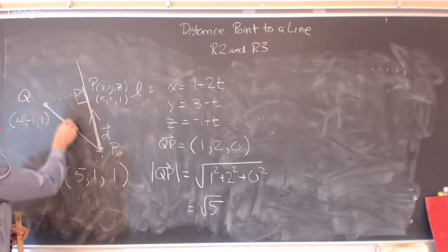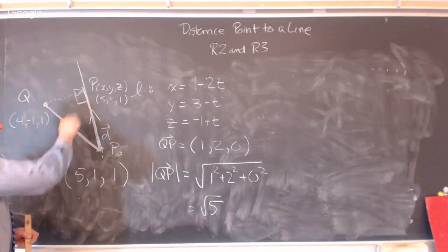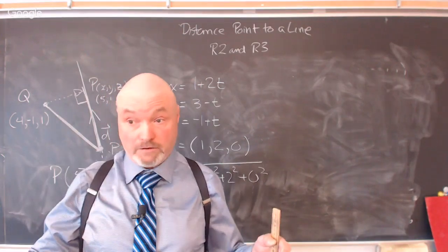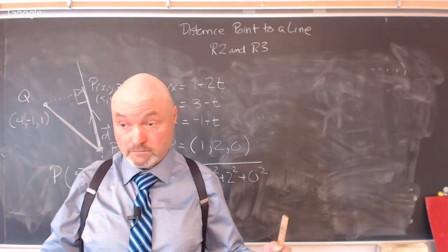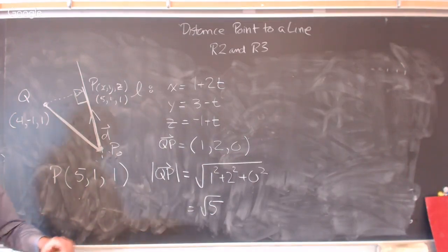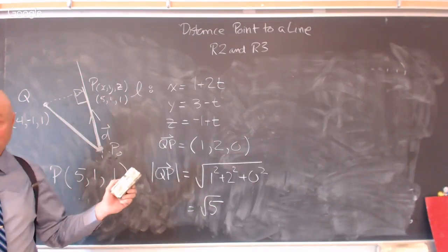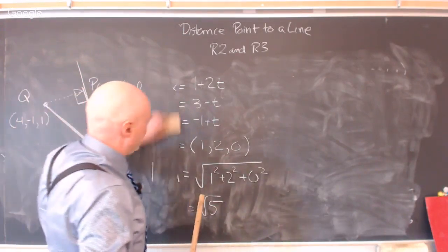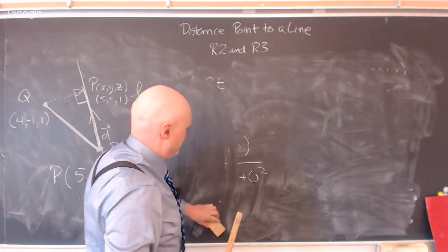And if I know the magnitude of this side, then this being a right angled triangle, I could figure out what the distance is that way. Okay, so I could have done that. That is actually more work, and this dot product system is more efficient. You could have done exactly the same thing in 2 space here.